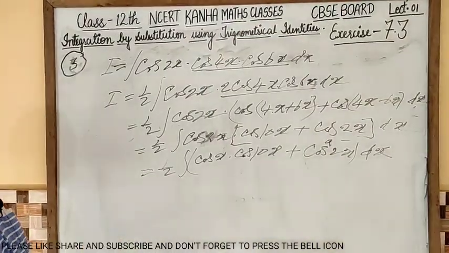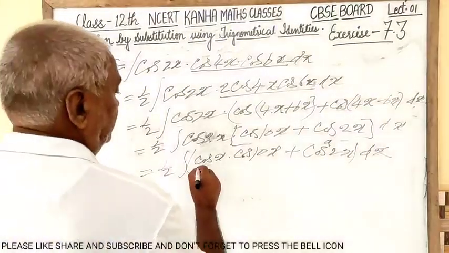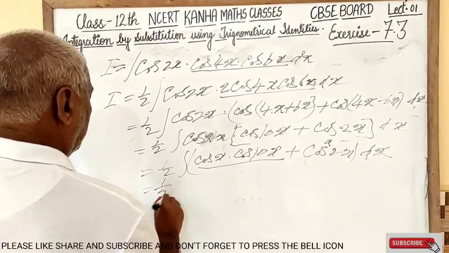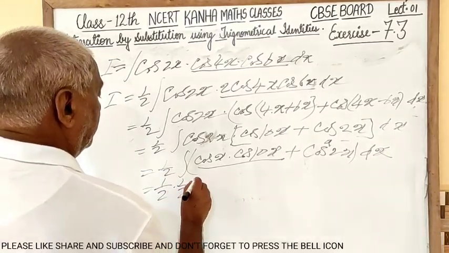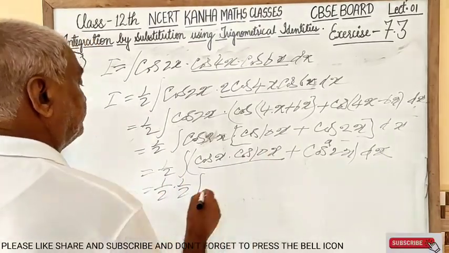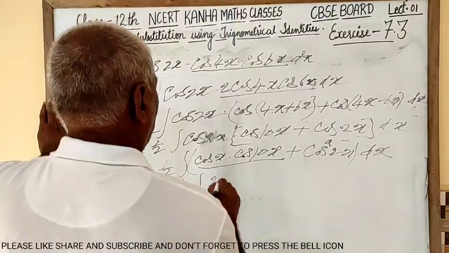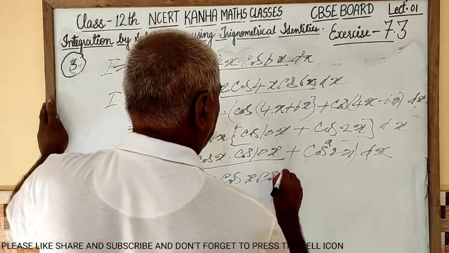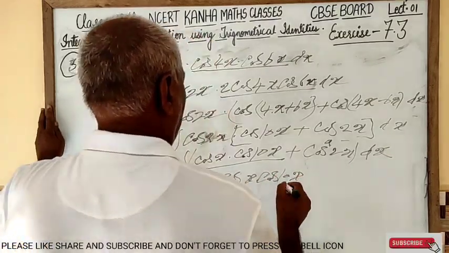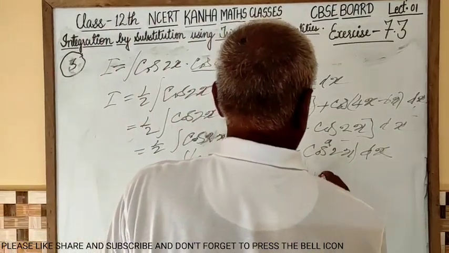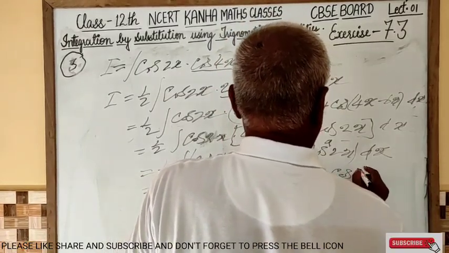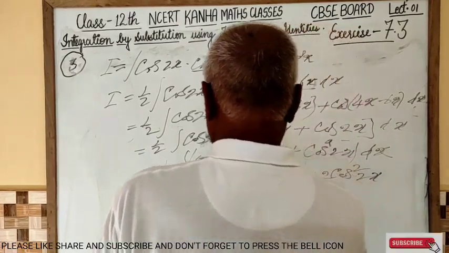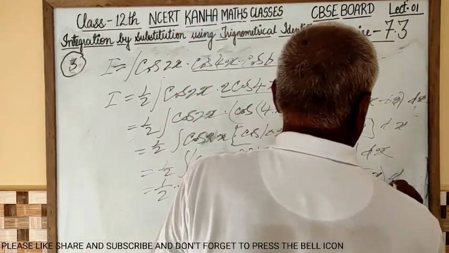So again we will reutilize the trigonometric identities. Here 1 by 2 multiplied by 2 cos 2x cos 10x plus 2 cos square 2x dx.